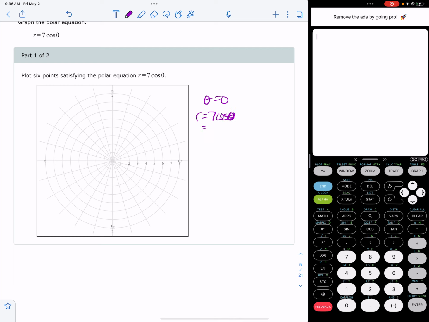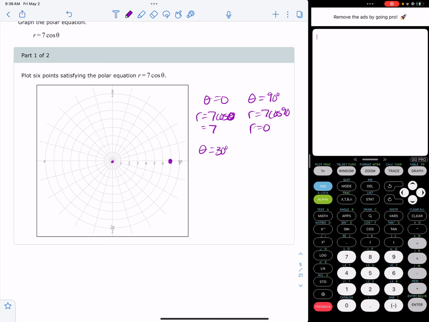Cosine of 0 is 1, so that would be 7. So I know that my first point would be 7, 0. Then I would say, okay, well, what happens when theta is 90? Then it would be r equals 7 times the cosine of 90. The cosine of 90 is 0. So this would be 0. That point would be here. And I would continue this.